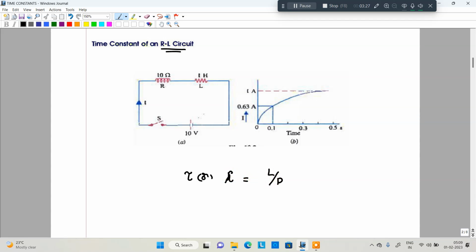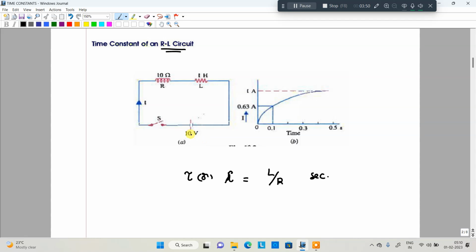It is L by R, in seconds. So the time constant of an RL circuit is L by R seconds. Lambda is the symbol for time constant, but you need to remember some theoretical concepts related to the time constant. Then you will get the complete idea about the time constant of an RL circuit.